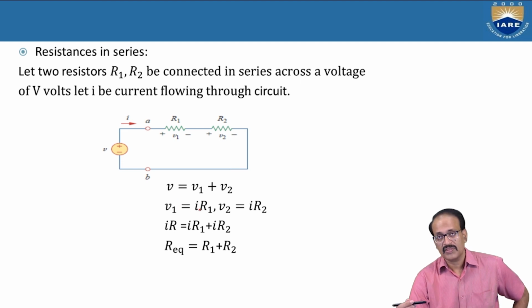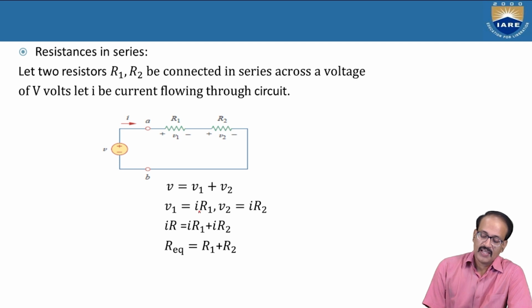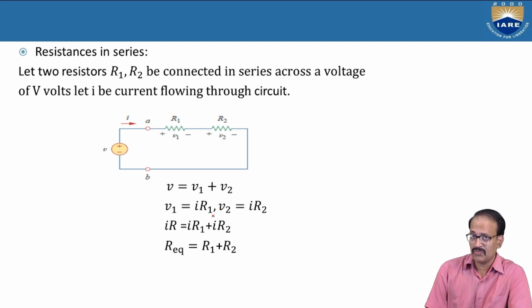V1, with the help of Ohm's law, we can write as I into R1. The resistance is R1, but the current will not change. It won't change for V or V1 or V2. So V1 is equal to I into R1. V2 is equal to I, which is the same, but the resistor is different, so we will write I into R2.